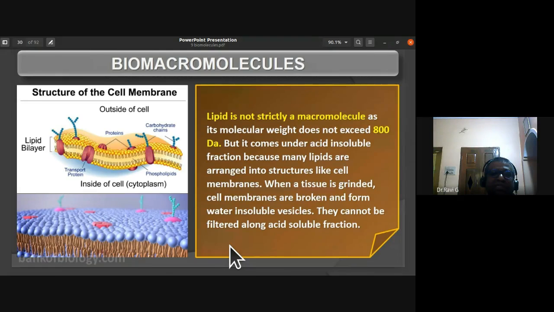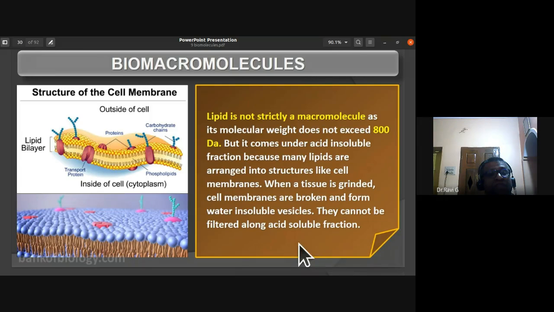Regarding the structure of the cell membrane, the lipid is not strictly a macromolecule as its molecular weight does not exceed 800 Dalton, but it comes under the acid insoluble fraction. Many lipids are arranged into structures like cell membranes. When a tissue is ground, cell membranes are broken and form water insoluble vesicles.